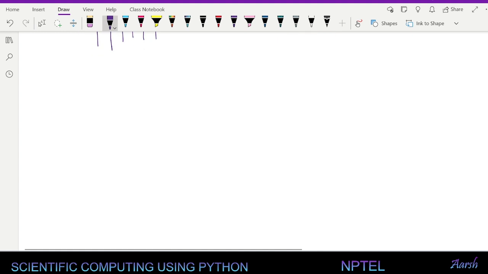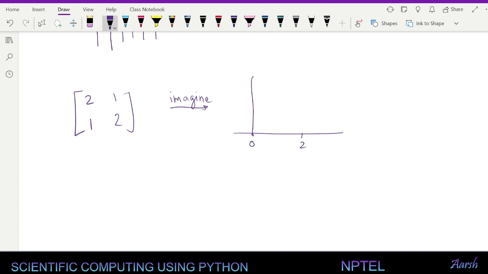Okay. So for example, let's take one example: (2, 1) and (1, 2). So how to imagine this? Imagine this is 0, this is 1, this is 2, this is x, this is y. So (2, 1) is where x cap goes. So this, in a different color, goes to (2, 1).